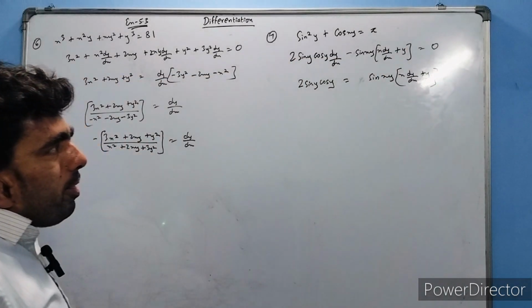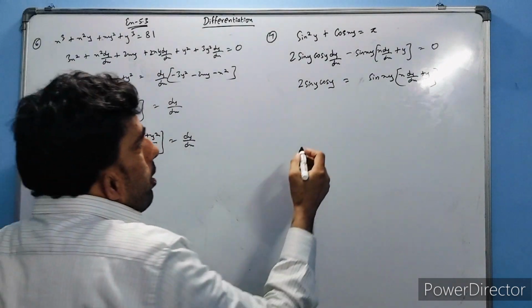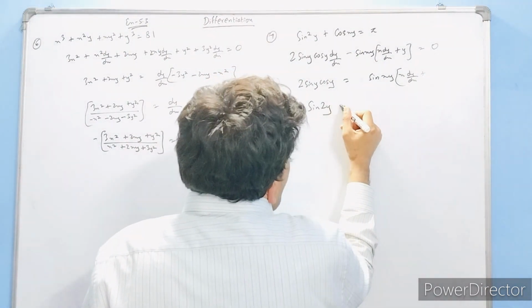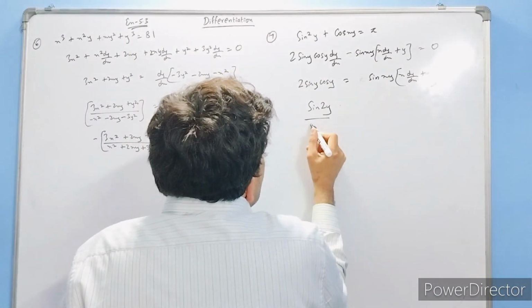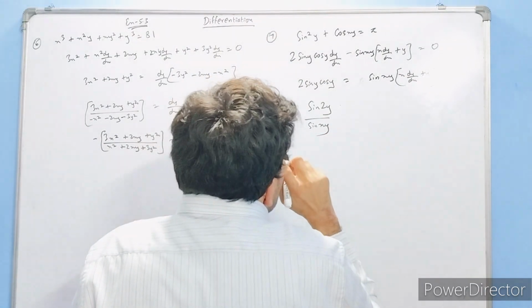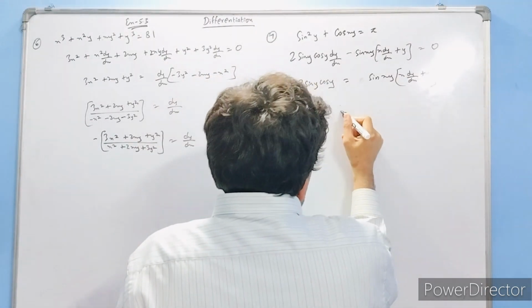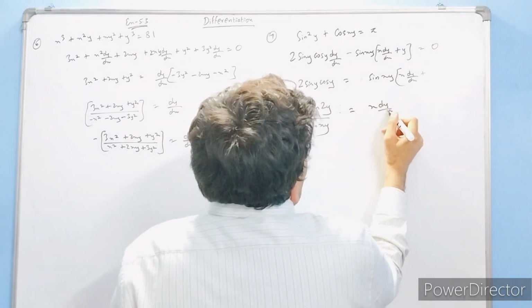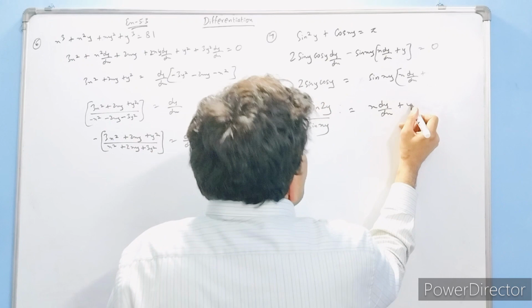Complete, I have shifted it to the RHS. Now it will be sin 2y upon sin xy, and then we are left with x dy upon dx plus y.